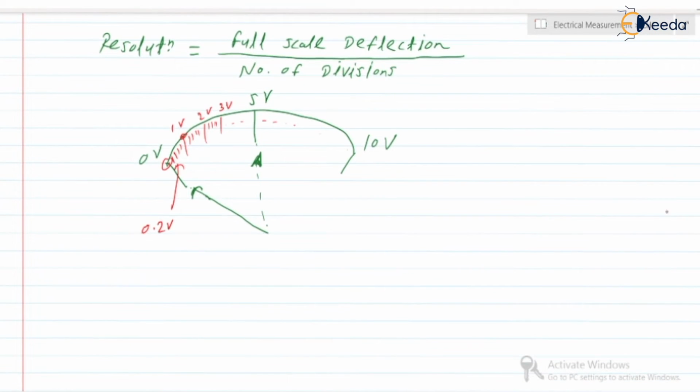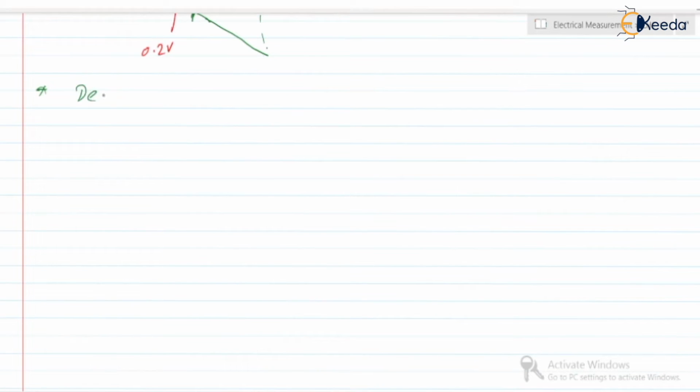Next, dead time. What is the dead time? It is due to the moment of inertia of the pointer. The pointer generally takes some minimum time to start from its 0 position because of the inertia of the moving system, and this minimum time is called the dead time.